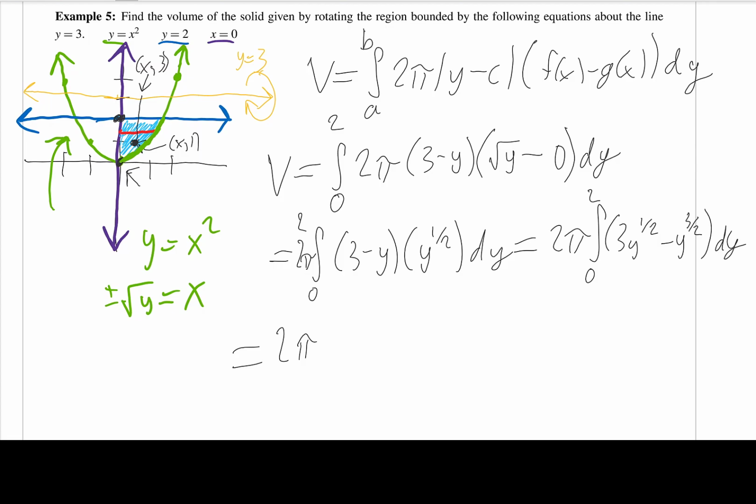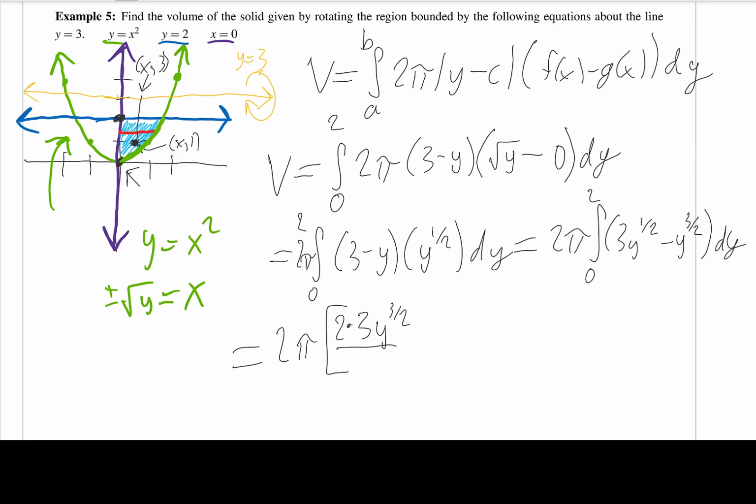So then we get 2 pi times, so integrating the y to the 1/2 part, we add 1 to that, we'd get 3/2, so this is y to the 3/2, and then multiply by the reciprocal, so multiply by 2/3. But we can't forget the 3 that we initially had.